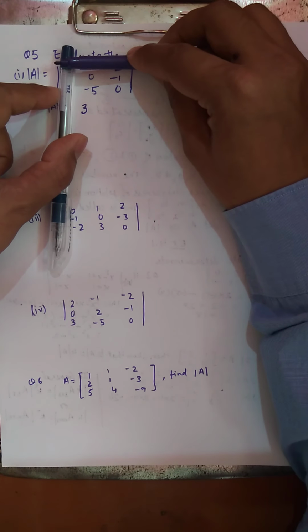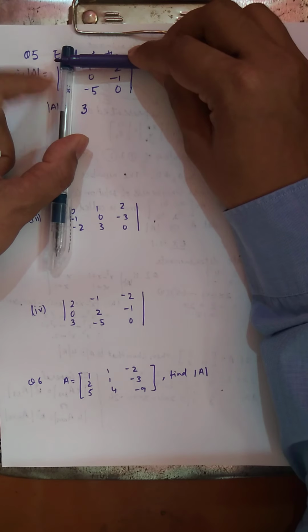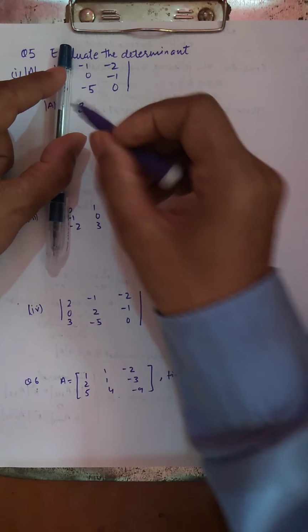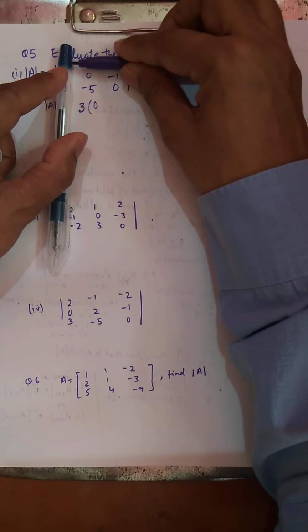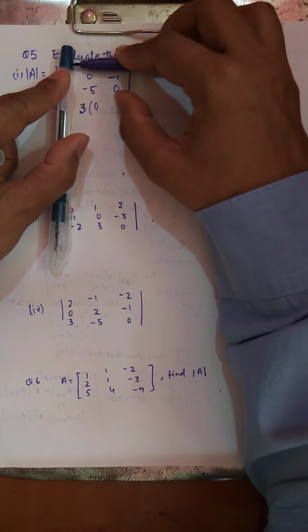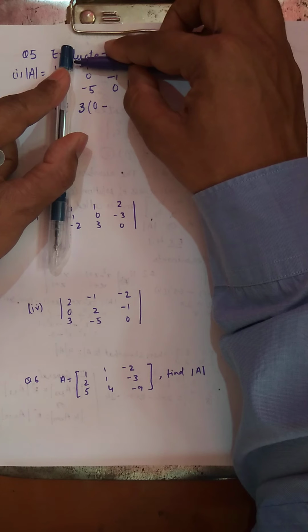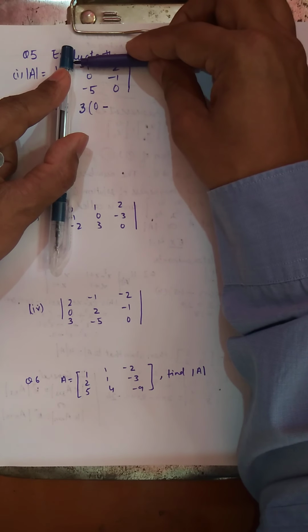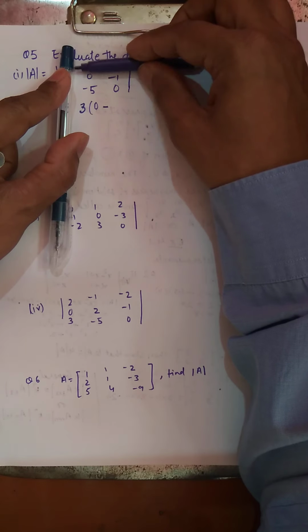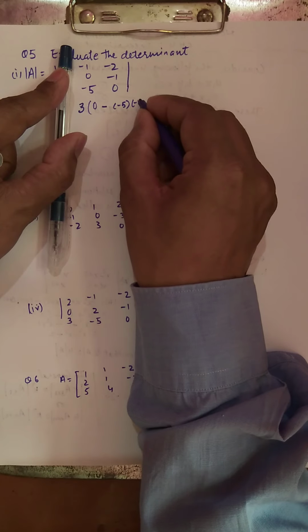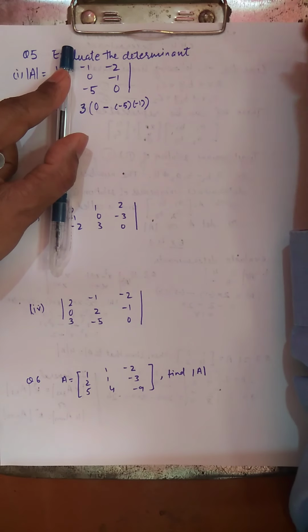So row 1, column 1 you hide. Now do the cross multiplication in these elements. So 0 into 0 will be 0, and this is minus, you do the minus. Now this has become 2 cross 2, and you have already calculated how to find the value of a 2 cross 2 determinant. So this is minus 5 and minus 1. You close the bracket.